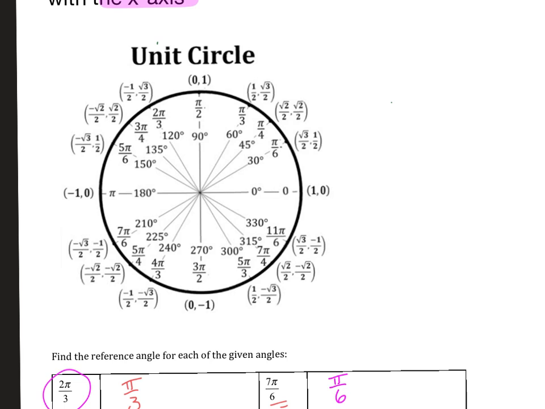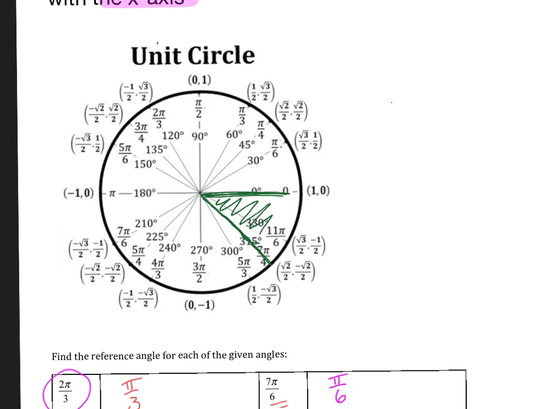Okay, so 7 pi over 4. Let's see, 7 pi over 4 is right here. So the acute angle, if it's going to be less than 90 degrees and made with the x-axis, I'm trying to figure out how many radians there are in this wedge.